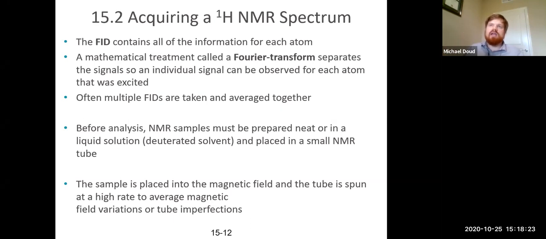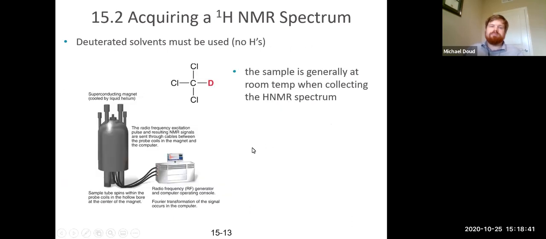That just means all of the hydrogens in the solvent have been replaced with deuterium. And then you're going to put that in the magnetic field and spin it so that you have an average magnetic field in there, to smooth out all the individual things that could go wrong with your sample.